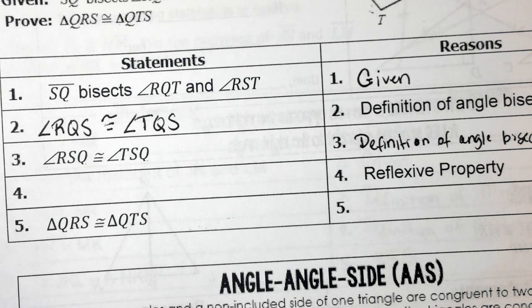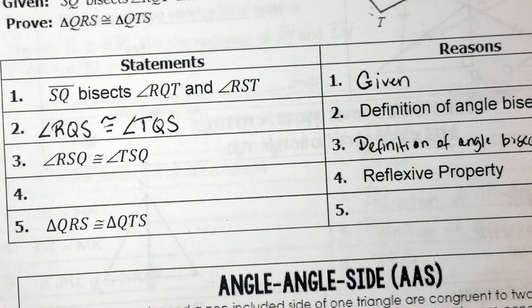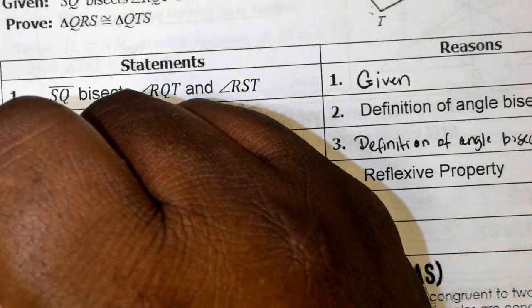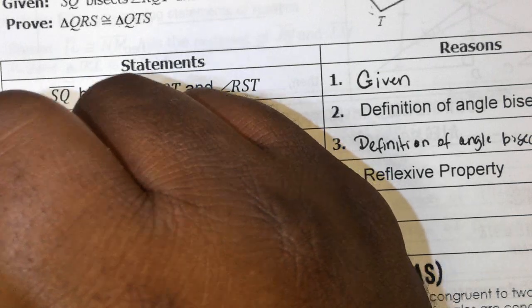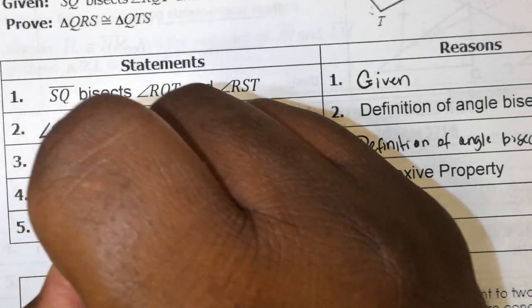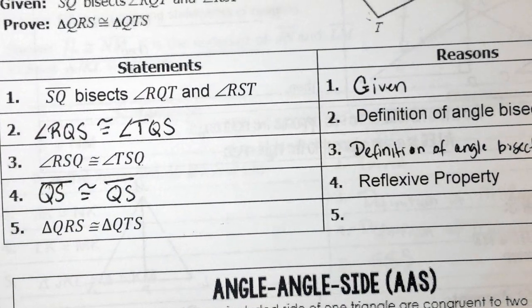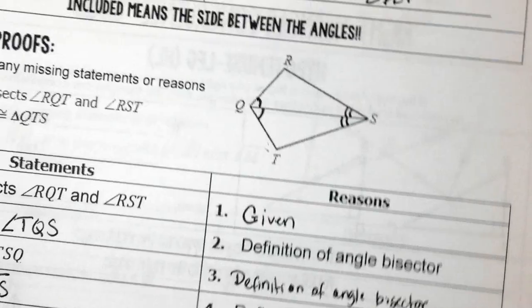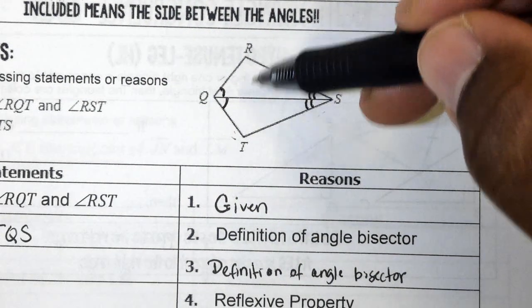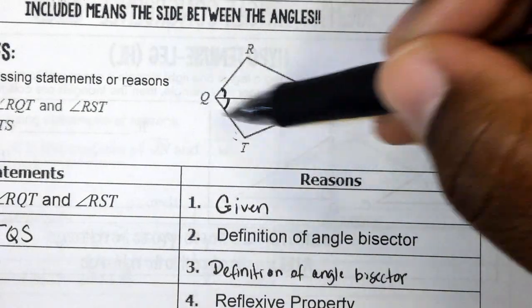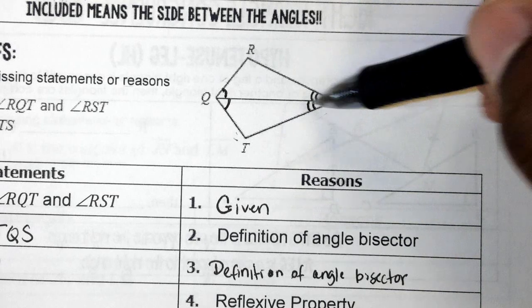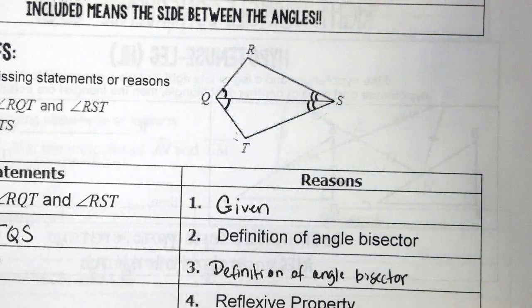Aiden, what's up? No. Go ahead, Imani. Tell them why what they said was wrong. Yes. This is not a rotation of an image, this is a reflection. Has to be QS is congruent to QS, or if you want to say SQ is congruent to SQ, but you cannot mix.